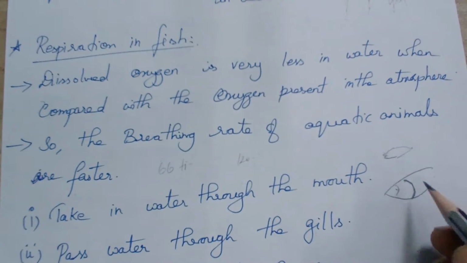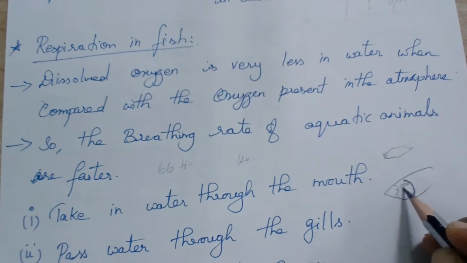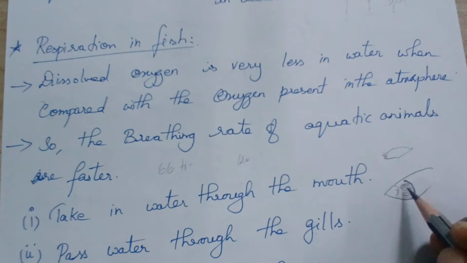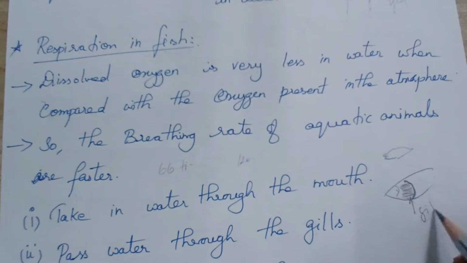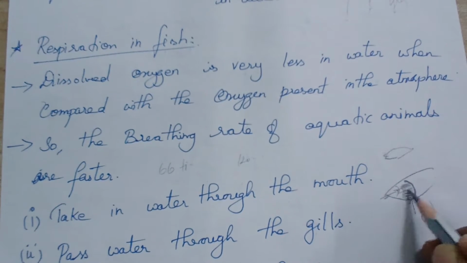There is an arrangement called the operculum, and inside that you will have gills. They are reddish dark brown, hair-like structures that look like a comb. This is called a gill, right? So it opens the mouth, water enters, and passes through these gills.